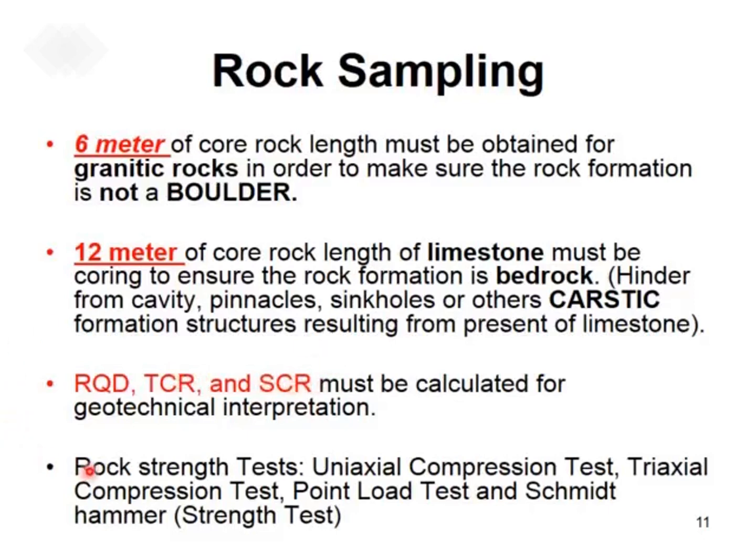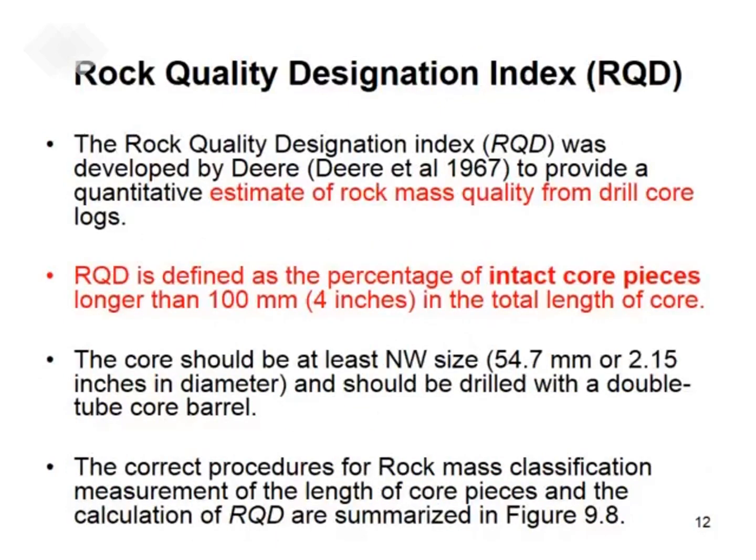Meanwhile, for the physical test, this sample will be brought to the lab, and then it will be tested for strength, for example, uniaxial compression test, triaxial compression test, point load test, and Schmidt hammer test. Okay, RQD is to check the quality of rock sample.